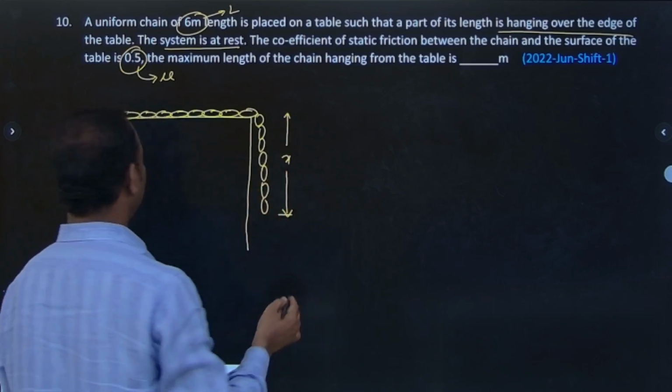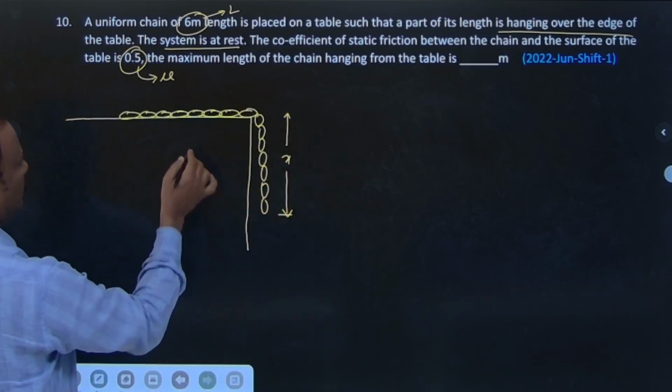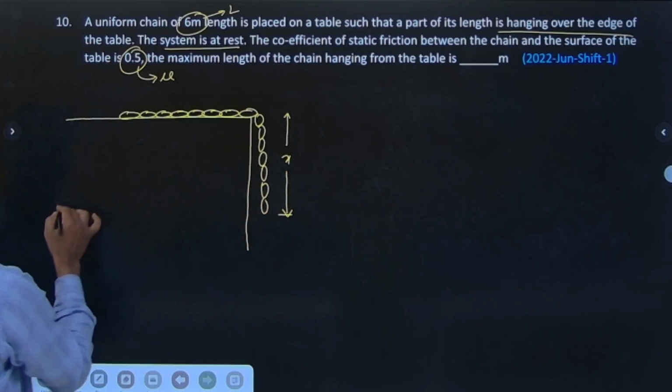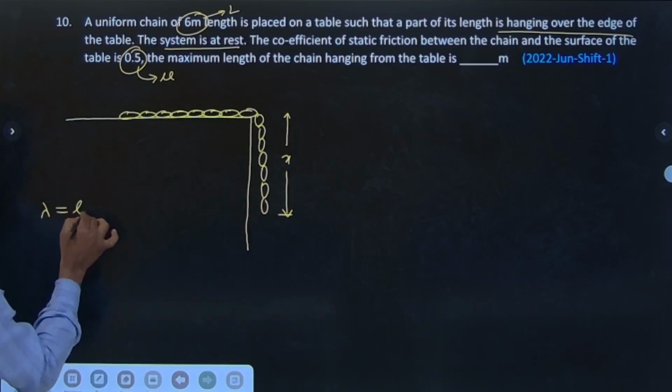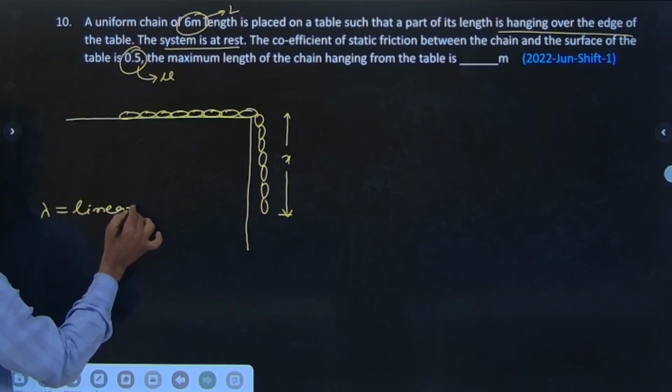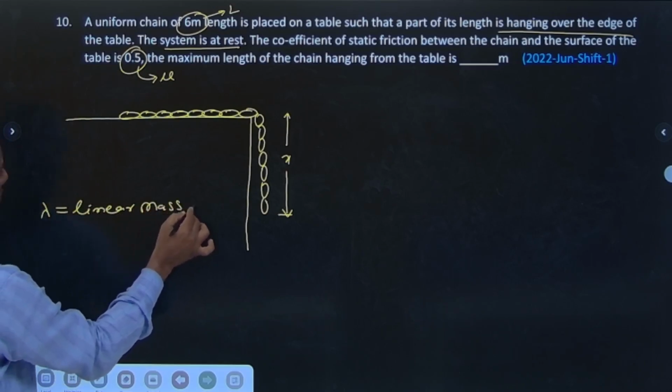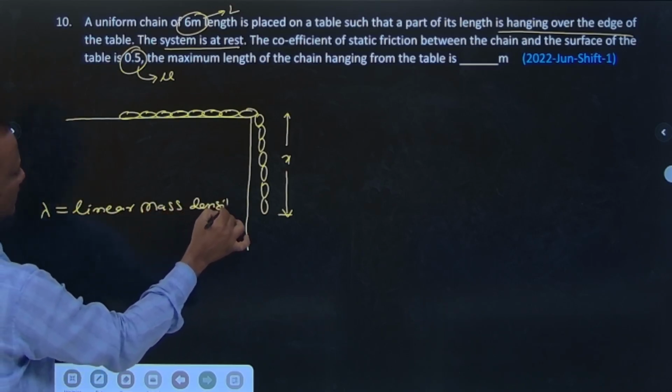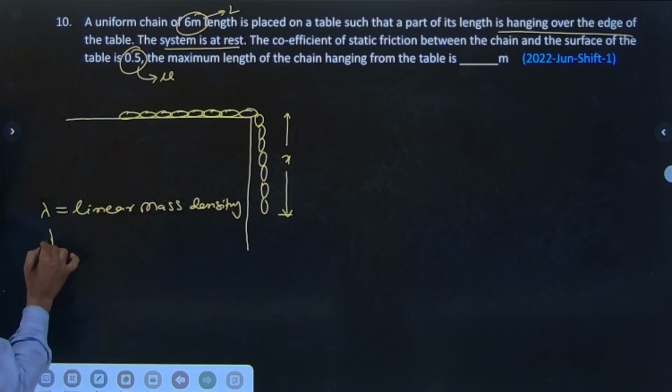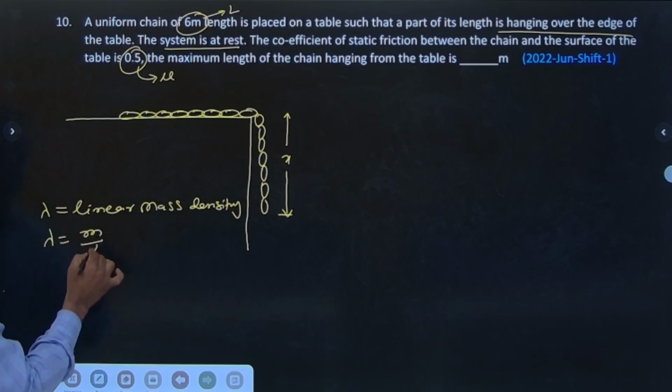Lambda is the linear mass density, so lambda is equal to mass per length.